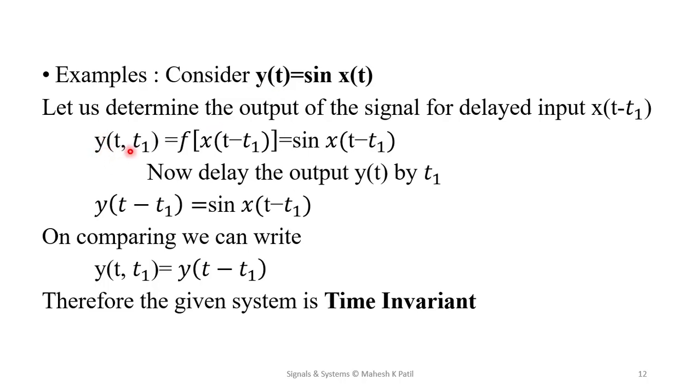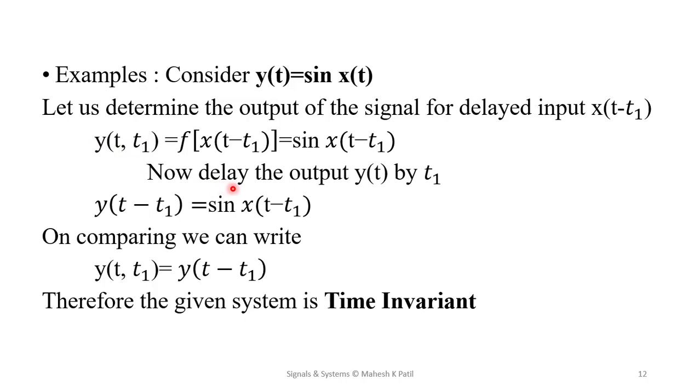So y of t comma t1 must be, we are going to delay x of t now. Therefore sin x of t minus t1, so this is our delayed output. For the delayed input we are going to get this output, let it be y of t comma t1.